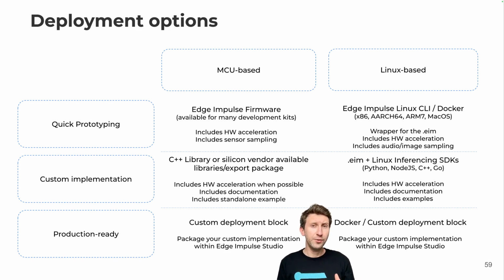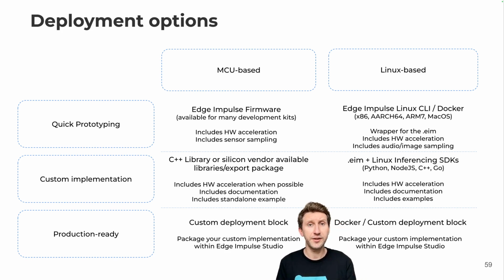Now, if you tested and you're happy with it, you might want to go through a custom implementation. In that case, on the MCU side, you can use either our C++ library or any of the silicon vendor available libraries or export packages. I can think of SLCC for Silicon Labs, the Simplicity Studio component, or Arduino library that we just released.